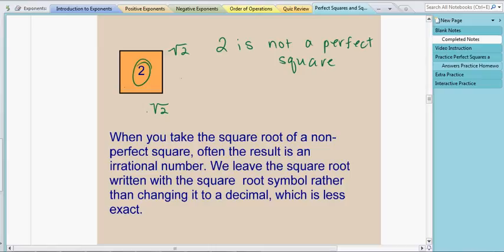And since irrational numbers are infinite, it's more exact to just write the number as the square root of whatever the area of your square is. That way, you're not rounding. So I could have said 1.4, but that's not exactly right because I had to round. If I say the square root of 2 is equal to the square root of 2, then that is exact.